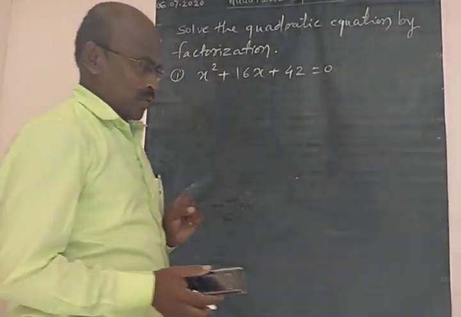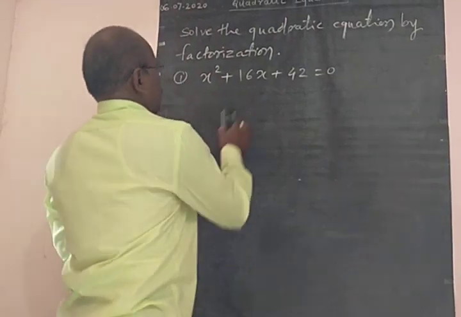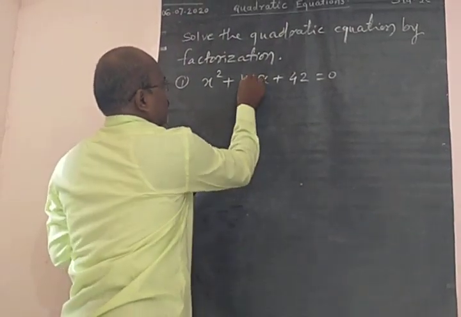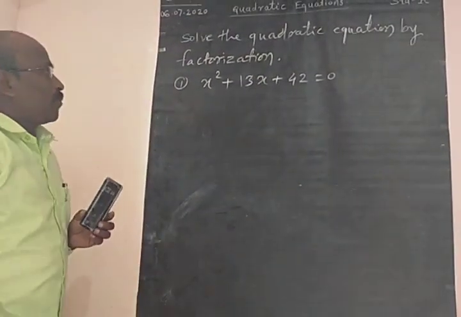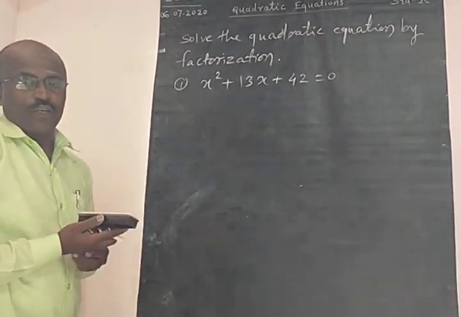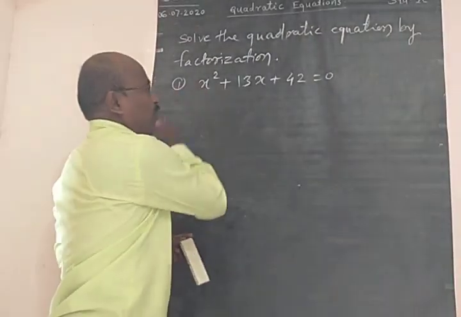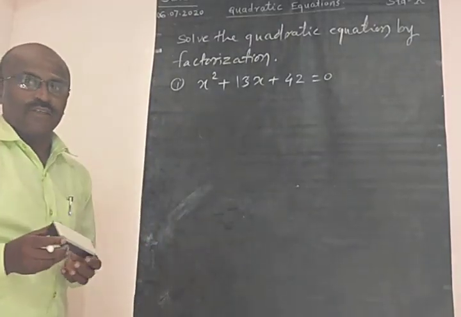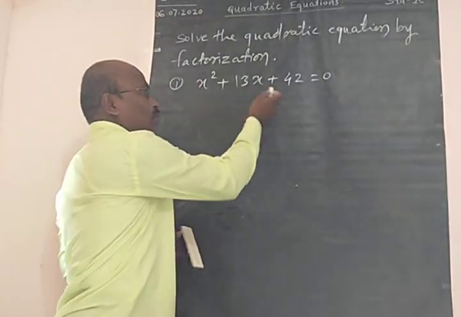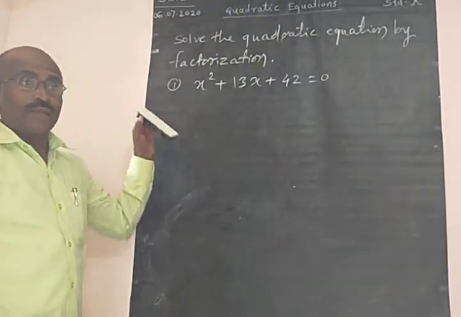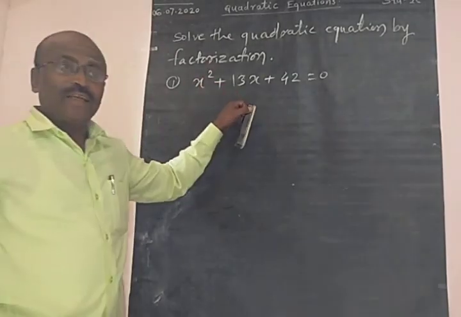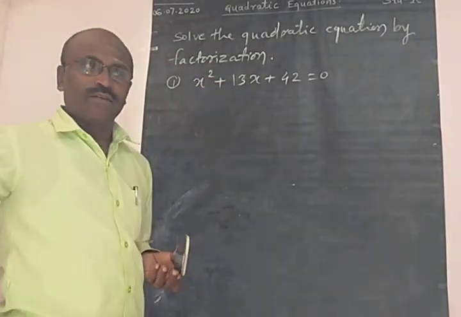Here it is x square plus 13x plus 42. For solving this equation, first of all, we have studied the factors of a quadratic trinomial in the last year.